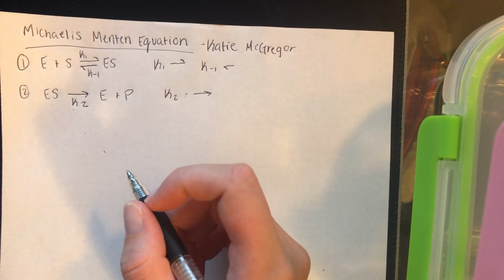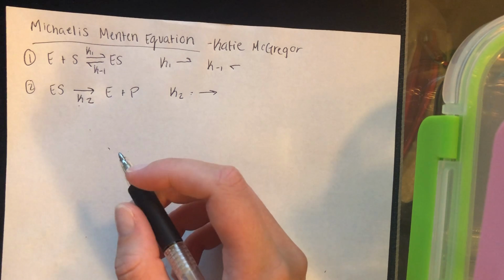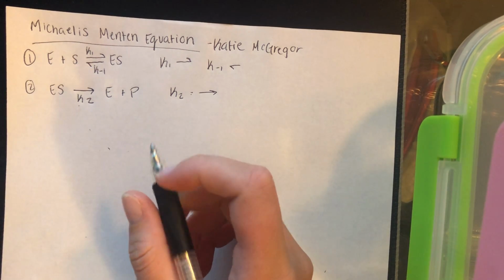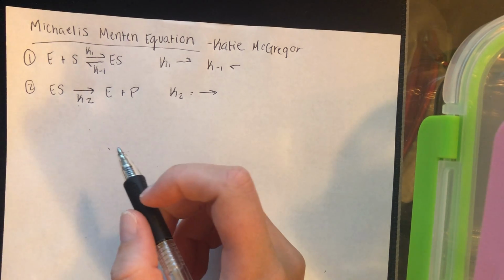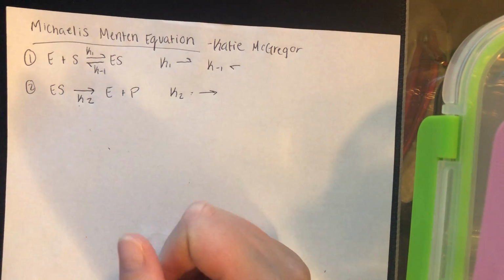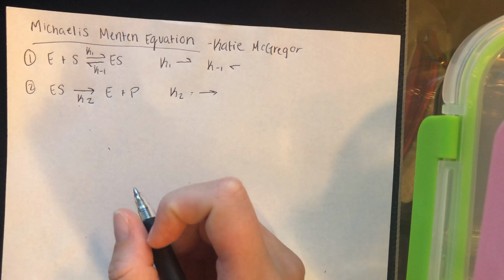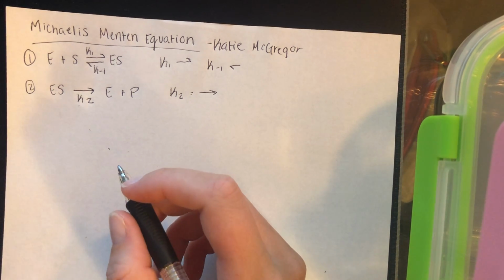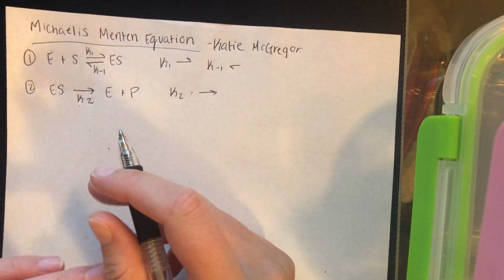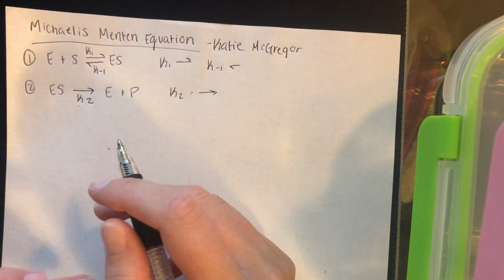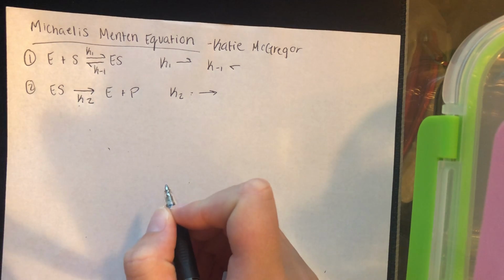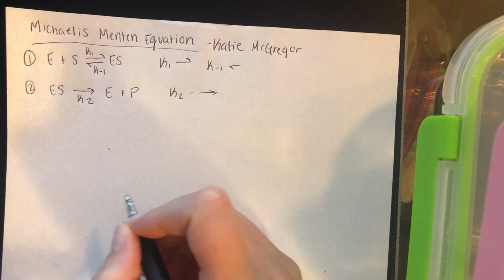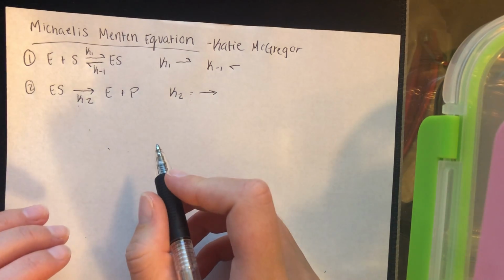So to solve this equation, we start by making a steady state approximation, just meaning that the creation of the enzyme substrate complex, so ES, is equal to the sum of all reactions decreasing its concentrations, or in other words, K1, or reaction K1, which creates ES, minus K negative 1, which consumes ES, minus K2, which also consumes ES, is all equal to 0.